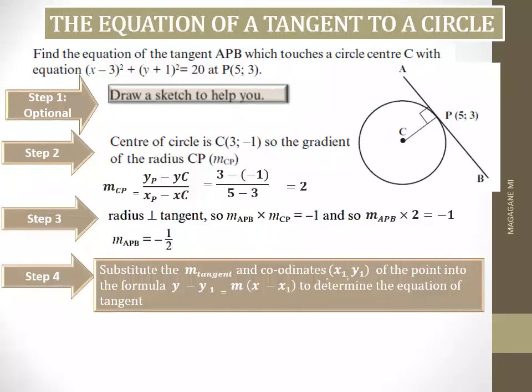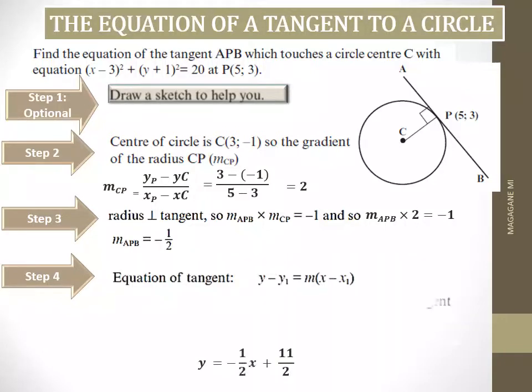We don't substitute the center because the tangent does not pass through the center. It passes through the point of contact. So we'll substitute point P, x at P and y at P. You can also use the equation y equals mx plus c, where c represents the y-intercept. So you substitute the gradient and then you solve for c. Right.